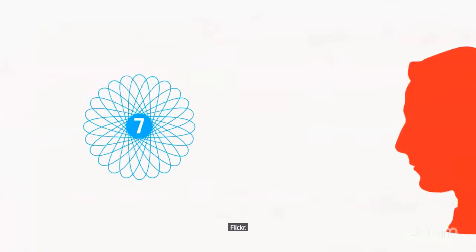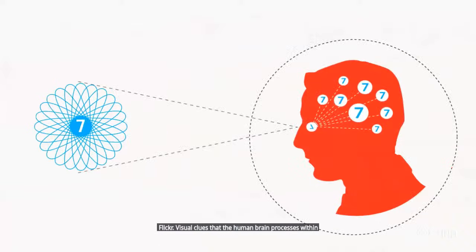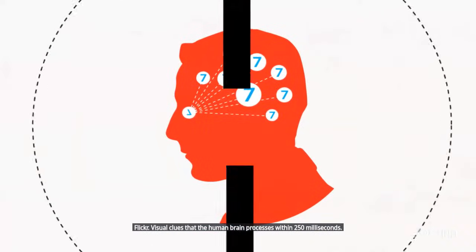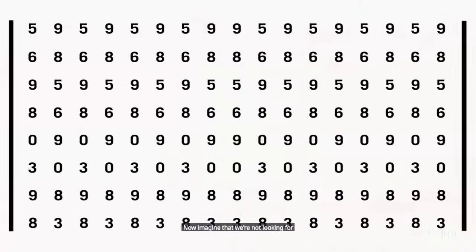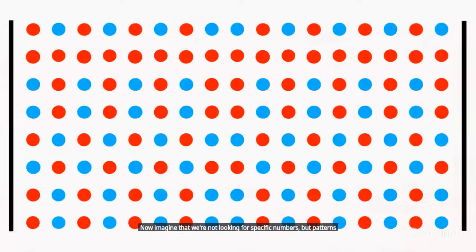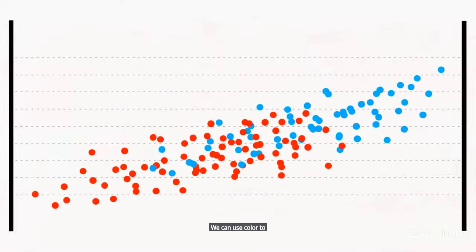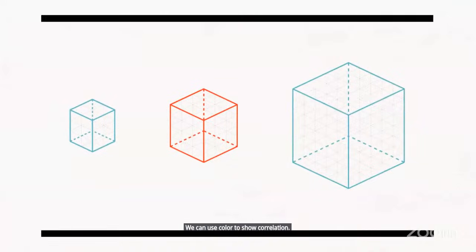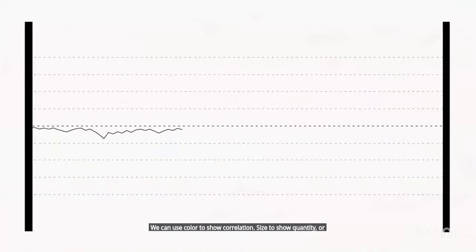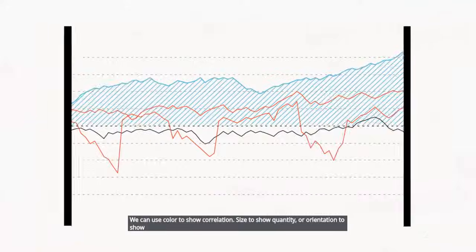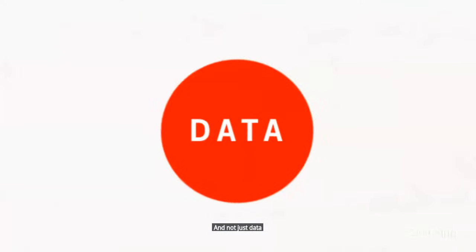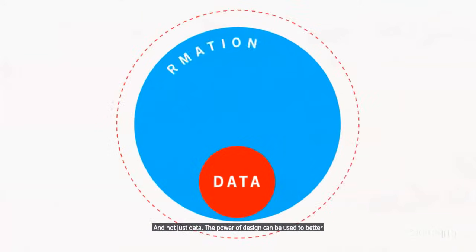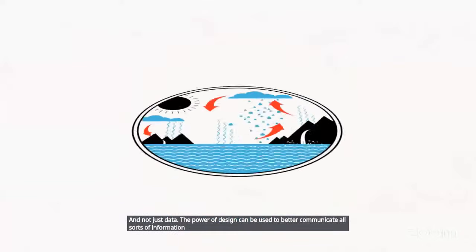Visual clues that the human brain processes within 250 milliseconds. Now imagine that we're not looking for specific numbers, but patterns. We can use color to show correlation, size to show quantity, or orientation to show trends. And not just data. The power of design can be used to better communicate all sorts of information.